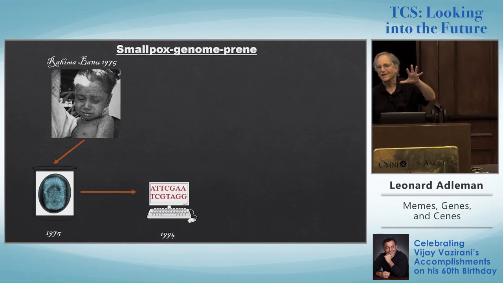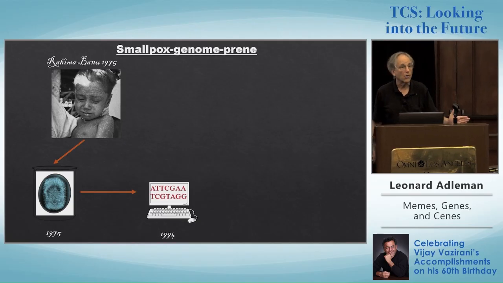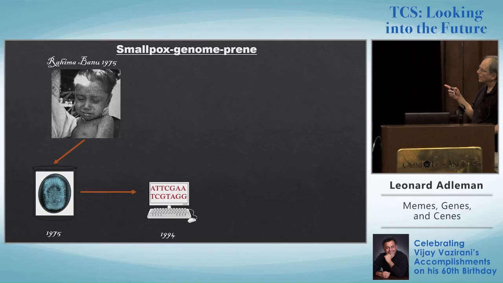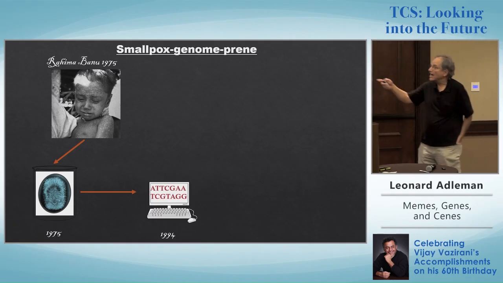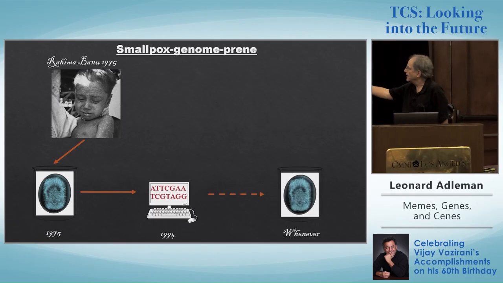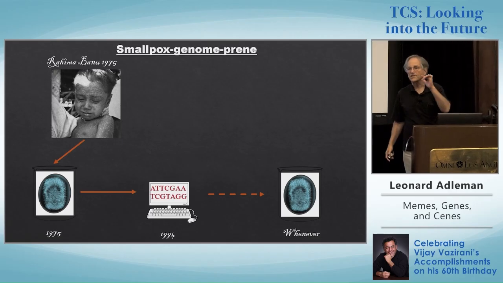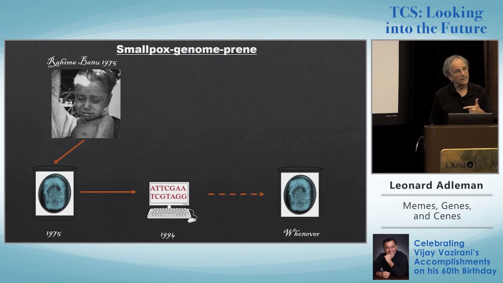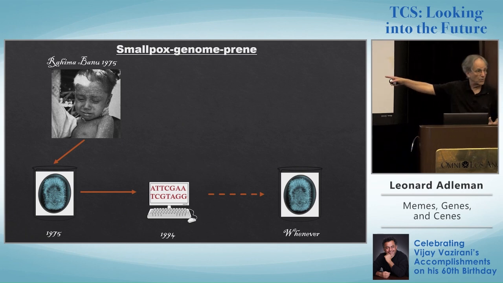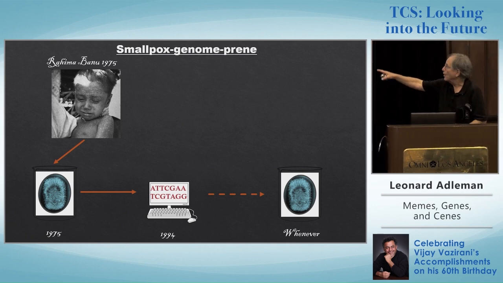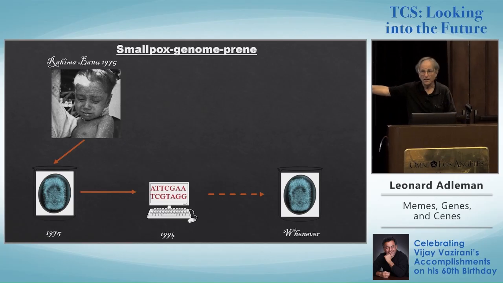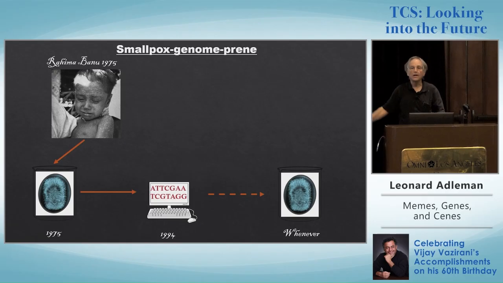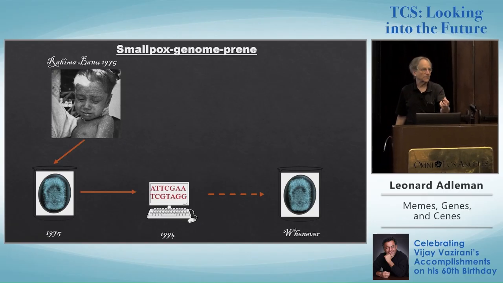And as we know on the internet, once that happens, it's never going away, right? Okay, so, but it turns out there's been a lot of technological advances since then. And now it is quite likely that given that sequence on the computer, one could recreate the actual DNA, double-stranded DNA, and rebuild actual infectious virus.